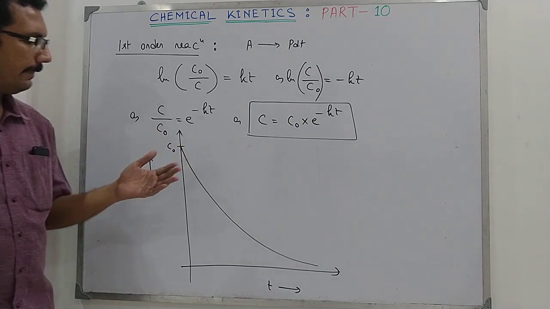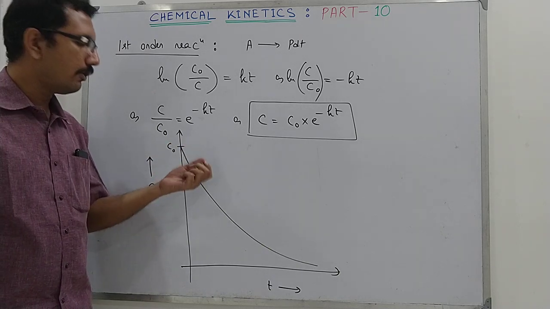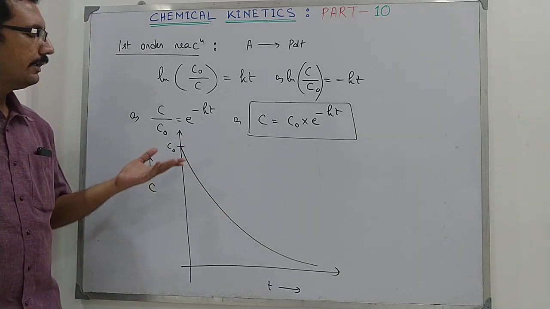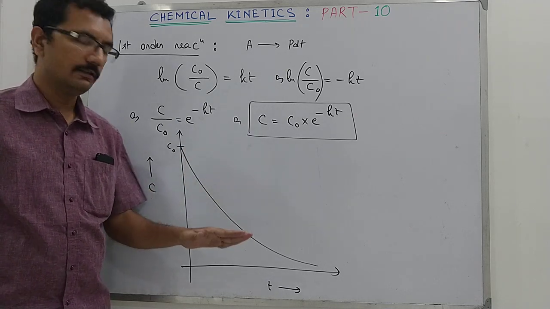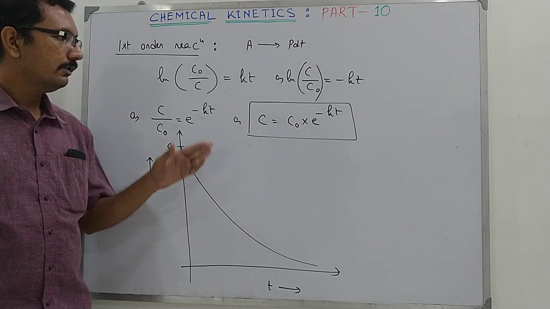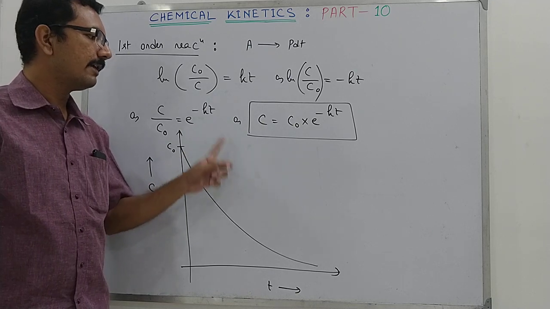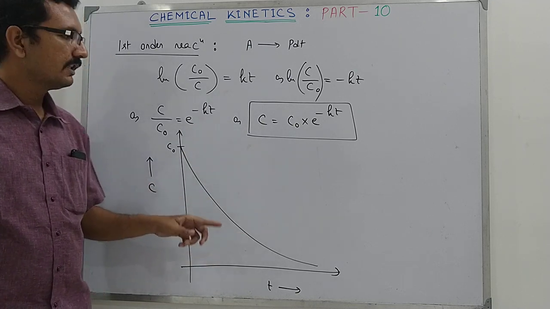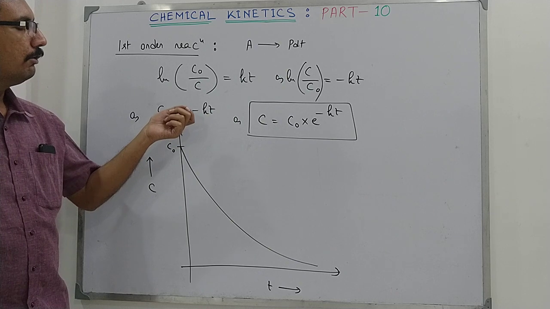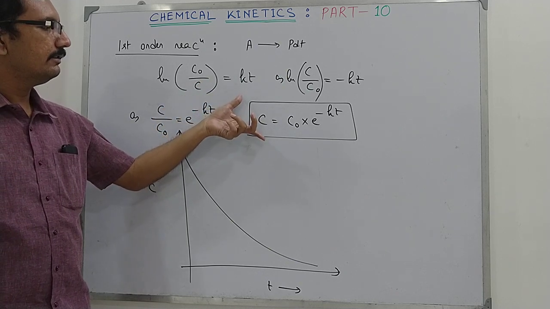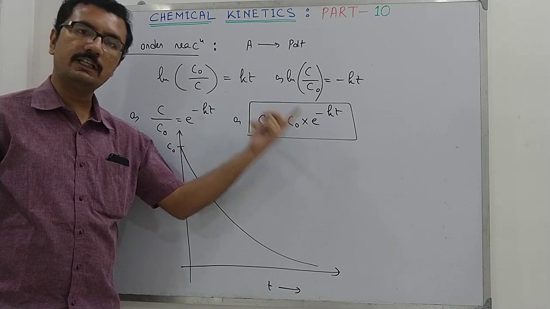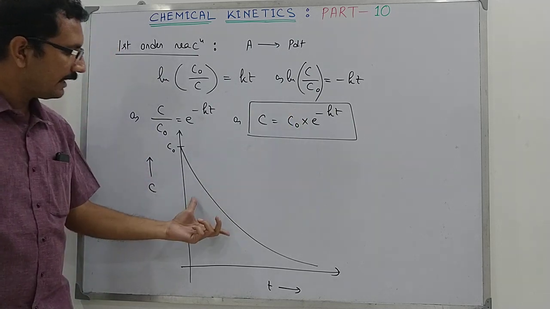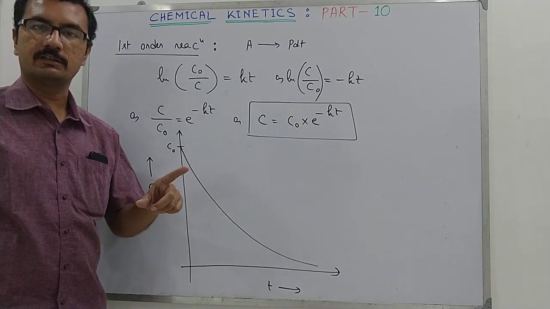Now why do we try to draw a graph? Is this because graphs can be plotted? No, it's not the case that a graph can be plotted only. Actually, whatever information this equation is carrying, this graph can also carry the same information.